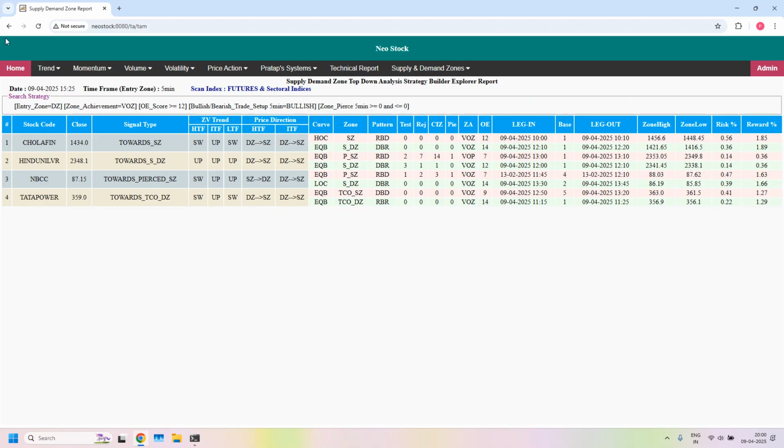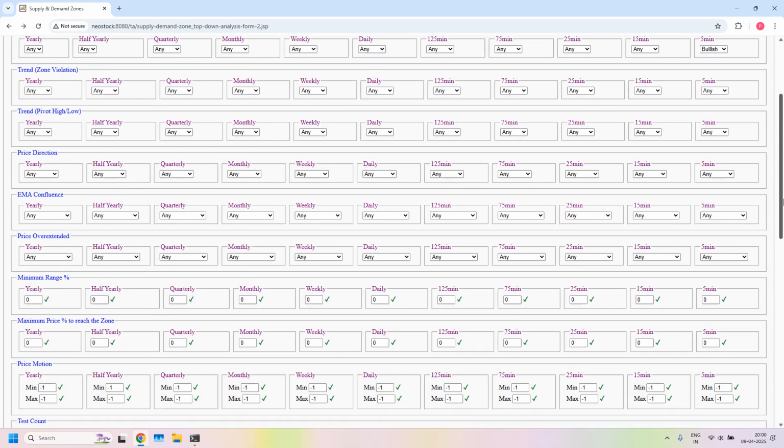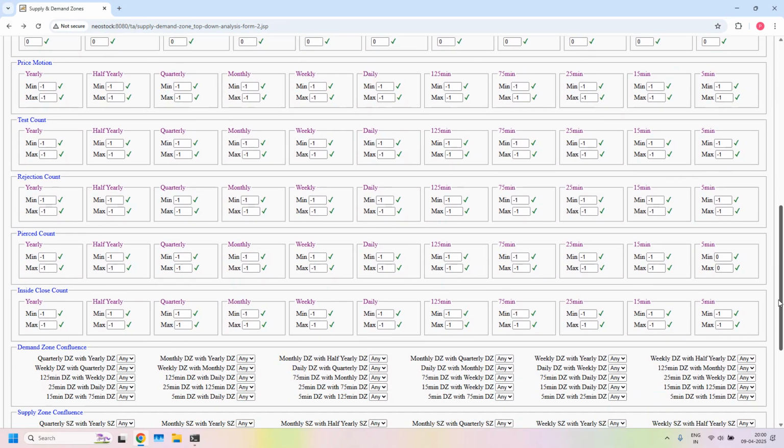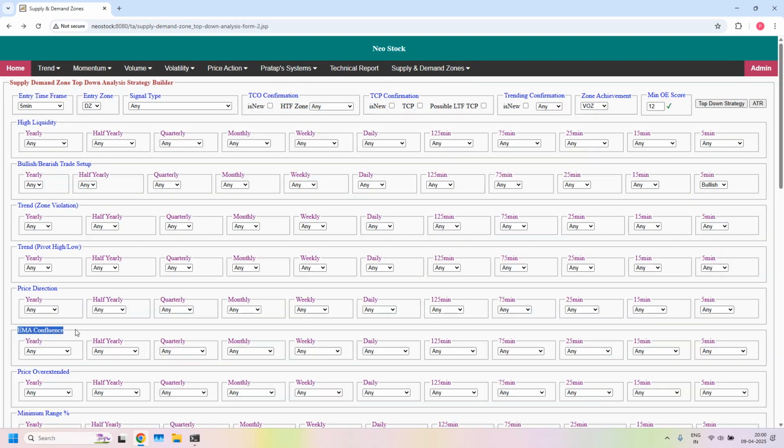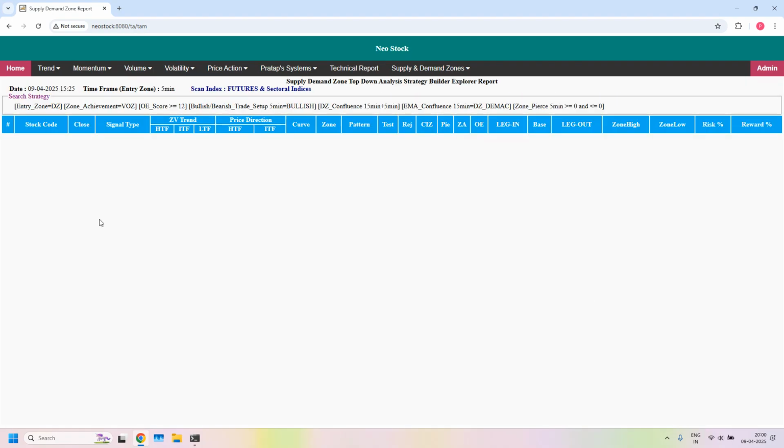Let us check high probability based on zone confluence. First filter is 5 minute and 15 minute demand zone confluence. We got 3 stocks. Let us check whether, out of these 3, any 15 minute demand zone has daily EMA confluence. No stocks are available.